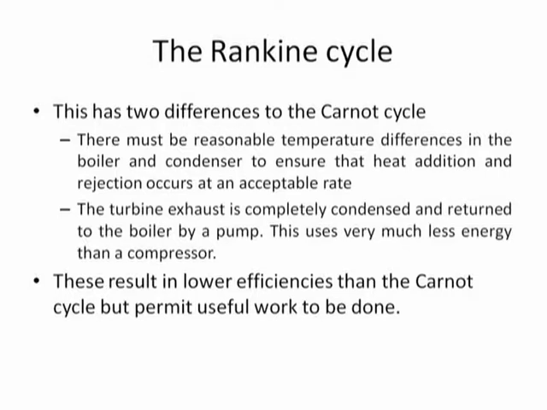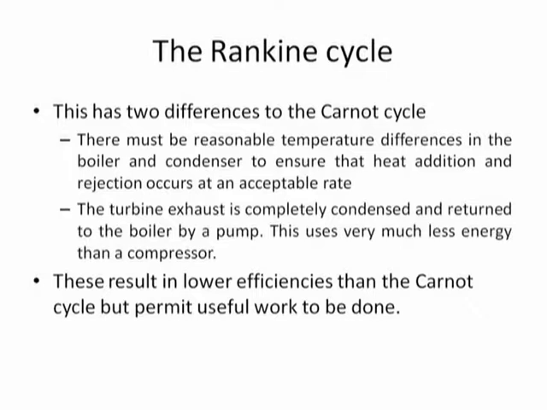This uses very much less energy than a compressor. See what the difference? So if there is a sizable delta T, then heat addition will take place in the boiler and heat rejection takes place in the condenser.